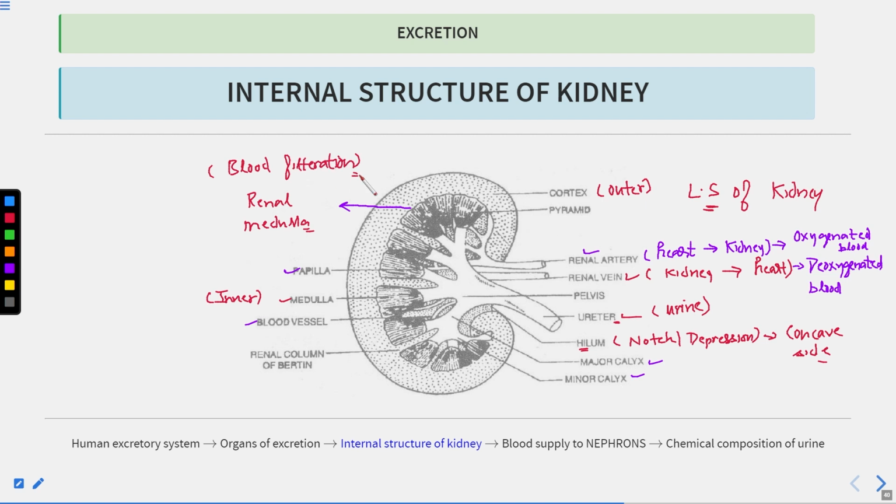You can see they are triangle shaped structures, and the tip of the renal medulla is known as the papillae, and this papillae extends into the calyx.